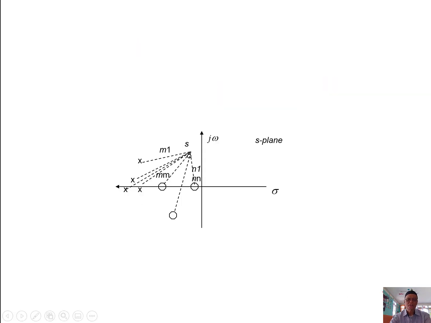Graphically in the s plane, this is the test point s. If these are the poles, you have M1, M2 up to Mm, and these are the zeros. From this test point, you can get N1 up to Nn.